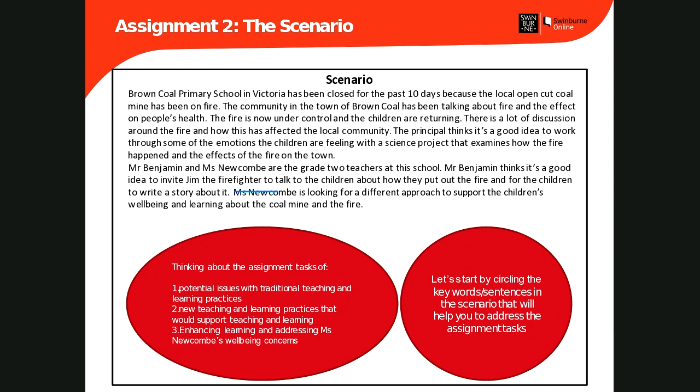So here we've got the scenario, so we know that there's been a fire at the coal mine, and then we're presented with a few different ideas for how the school can approach some discussion around this for the students. This is actually quite indicative of what would actually happen at a school.